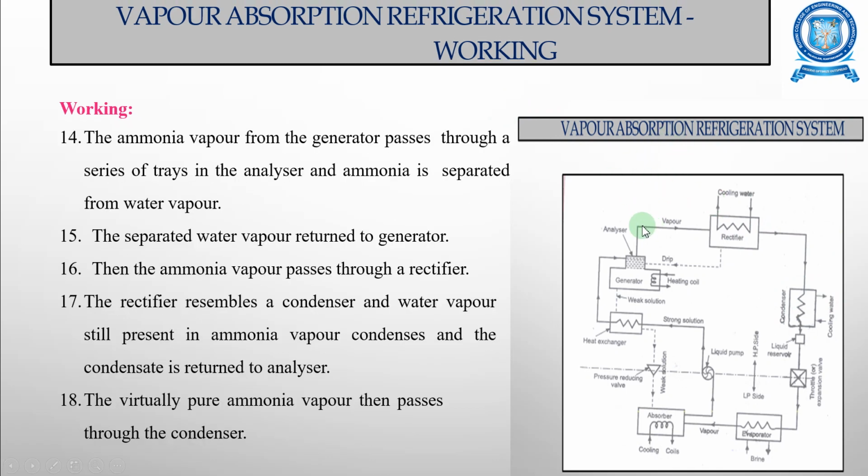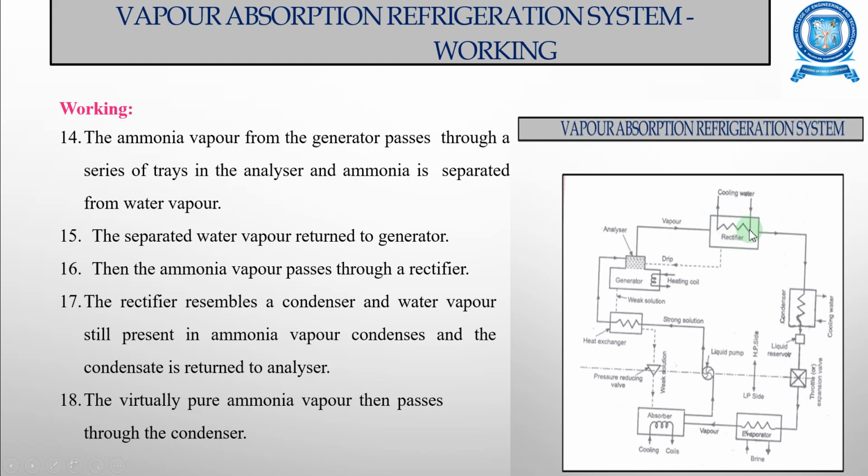Now the ammonia vapor from the generator passes through a series of trays in the analyzer unit, and here the ammonia is separated from the water vapor, and the separated water is returned to the generator, and the ammonia vapor passes through the rectifier. You can see here the rectifier, which is cooled by the cooling water.